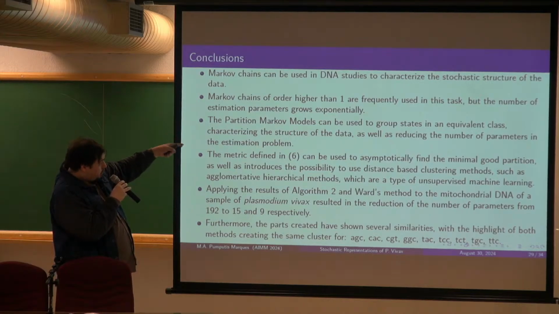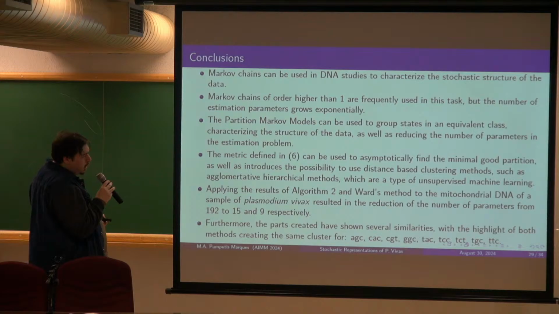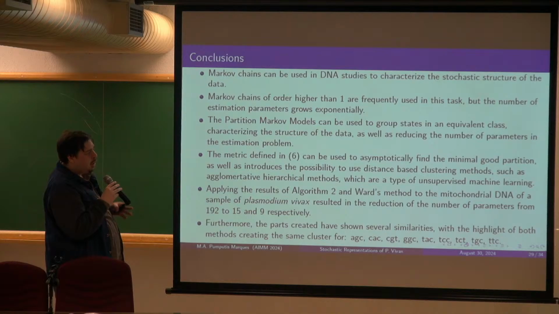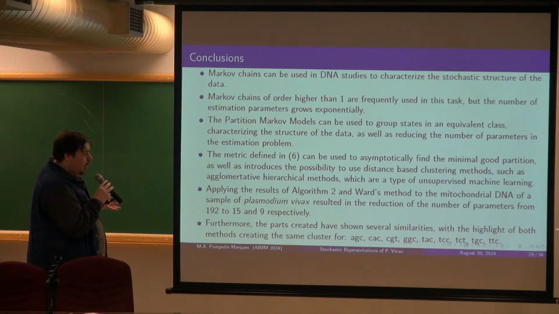Well, so that's how it characterizes the data structure, and it also reduces the number of estimating parameters in the model, right? So the metric defined in 6 can be used to asymptotically find the minimal good partition, as well as introduces the possibility of distance-based clustering methods, such as agglomerative hierarchical methods, which are a type of unsupervised machine learning.